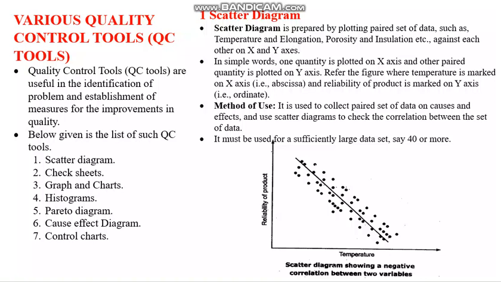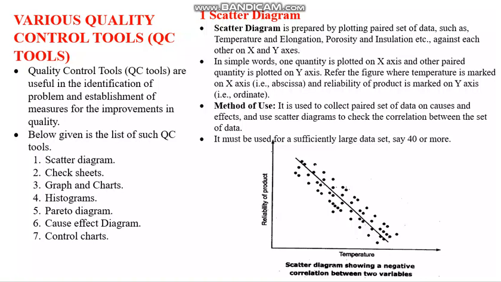If you are increasing the temperature, then the reliability is falling. If you are using a lower temperature, then the reliability of the product is increasing. That's what happens when one parameter is changed, how the other parameter is affected. You'll be able to know by these scatter diagrams.